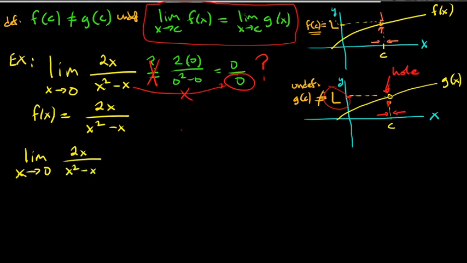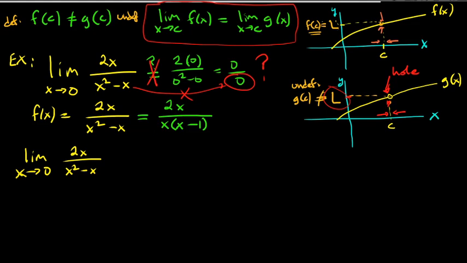Something you might have noticed about this function, 2x over x squared minus x, is that the denominator has a factor of x in it. So you can factor out an x: x squared minus x is just equal to x times x minus 1.